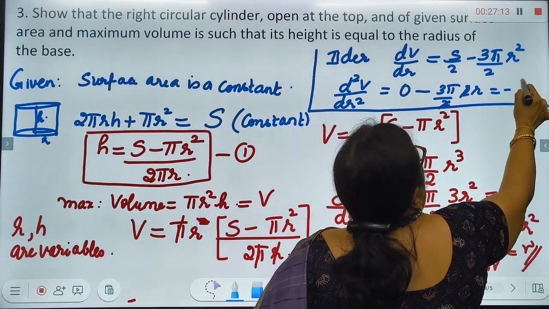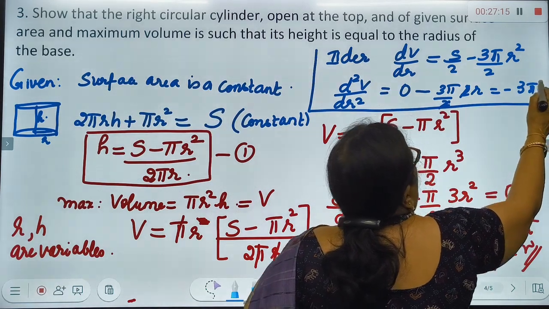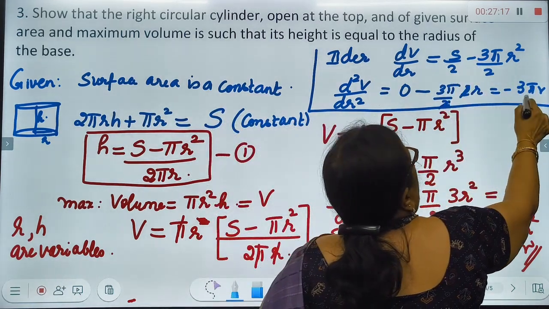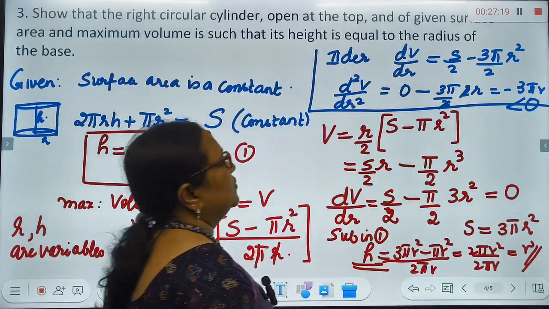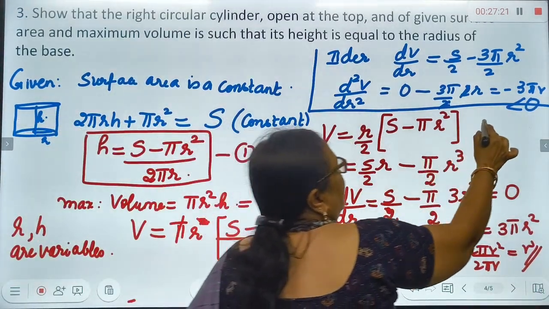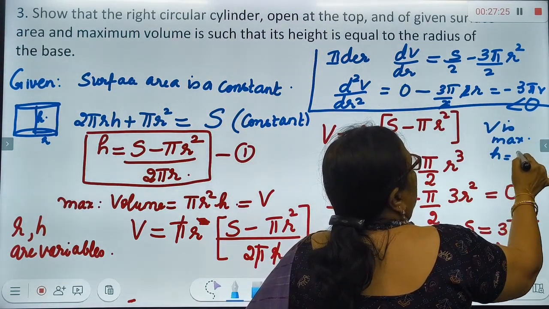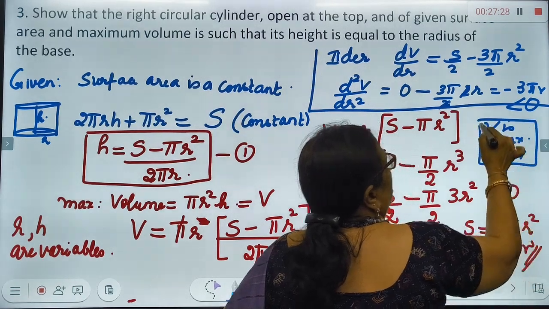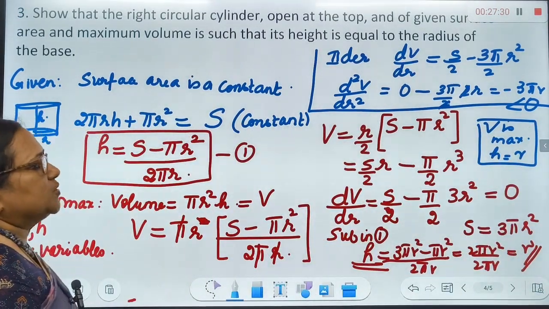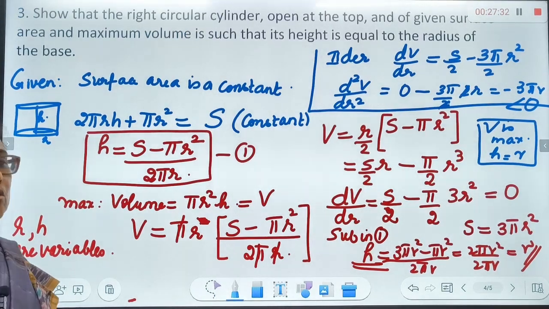So you get minus 3 pi r, which is less than 0. So V is maximum when h is equal to r. So volume is maximum when height is equal to R.